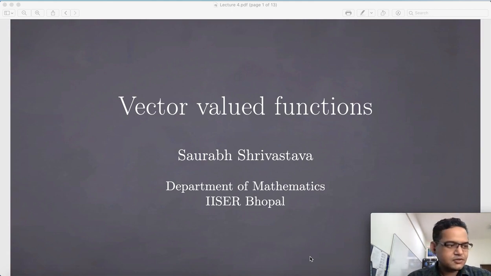As I said, today we will start talking about these vector valued functions. The idea is that we are now going to develop some tools from calculus. You will notice that this section uses the knowledge of your real variable calculus, MTH 101, which helps you develop the corresponding concepts of limits, continuous functions, derivatives and so on for vector valued functions.